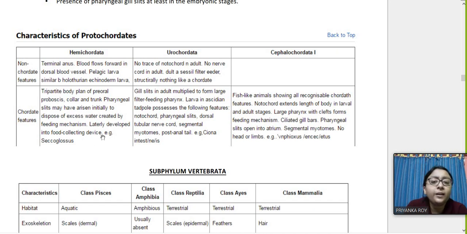There are also some non-chordate features: the hemichordates have a dorsal blood vessel, and urochordates do not have any nerve cord. So although they are classified under chordates, they are protochordates, because they are not considered true chordates but primitive chordates.